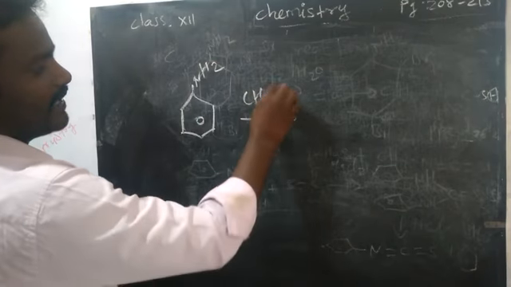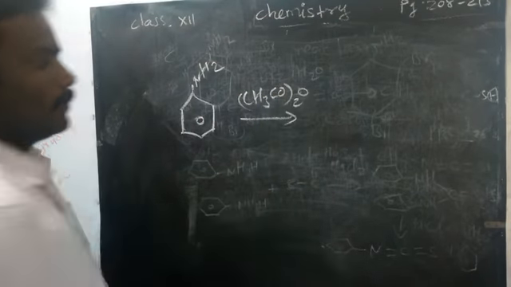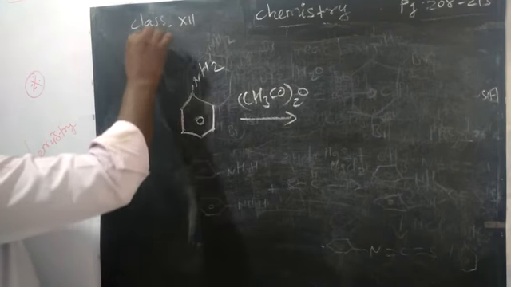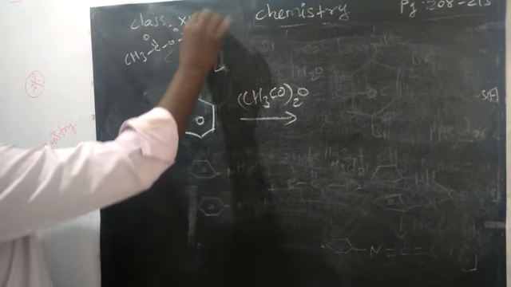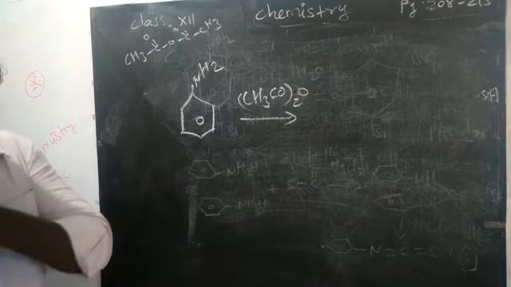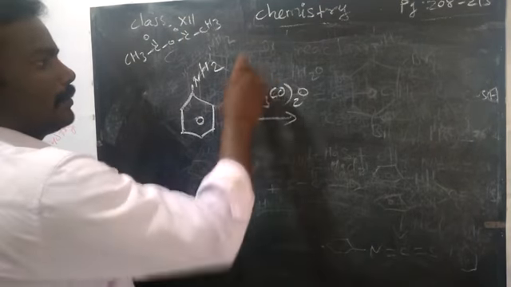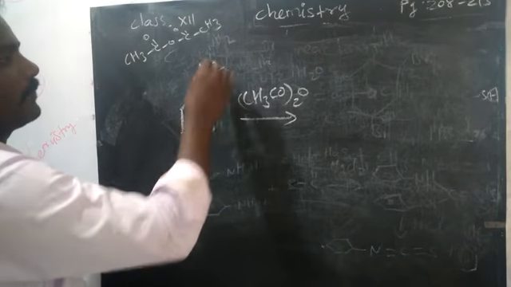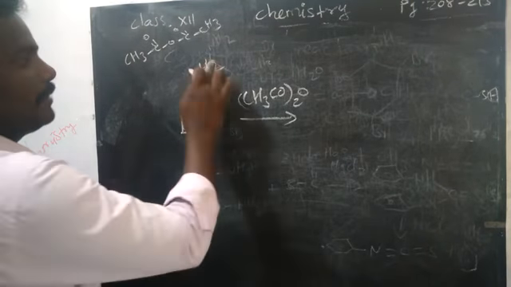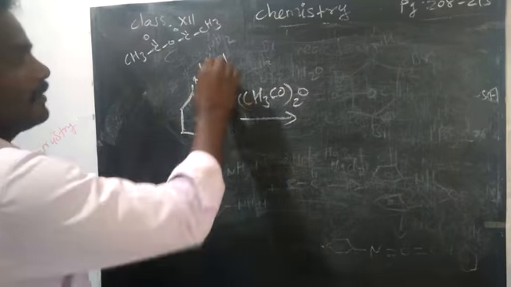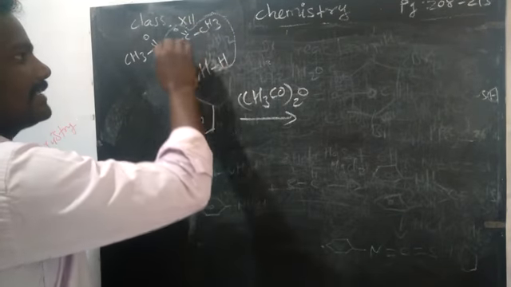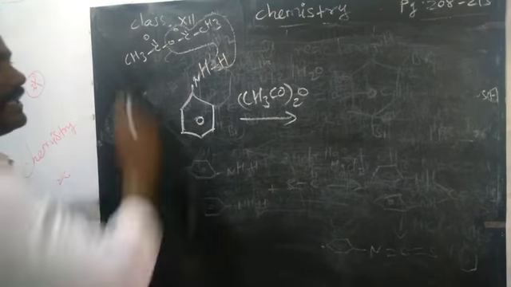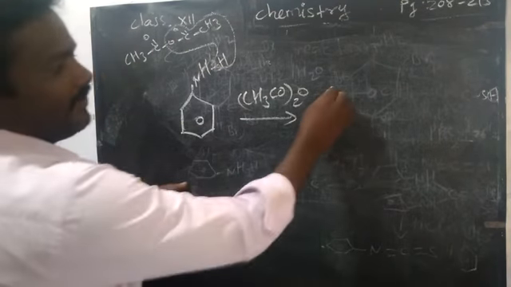In your book they are given CH3CO twice O. This is nothing but we know already CH3 C double bond O C double bond O CH3. From these 2 hydrogen, you take 1 hydrogen separately. That hydrogen will go as acetic acid, CH3COOH.